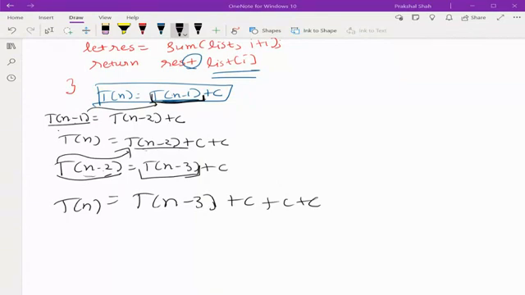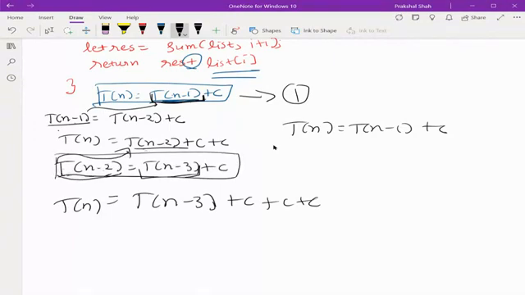So now you got a proper thing. First of all, you got T of n equals T of n minus 1 plus C. In the second, I think we did something wrong, I think one C is missing.